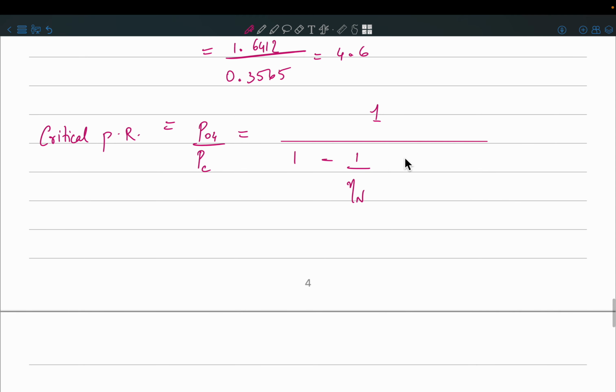So nozzle efficiency is also given to us, and gamma of the gas minus 1 by gamma of the gas plus 1, and this entire quantity raised to the power of gamma by gamma minus 1. So do you know this formula?